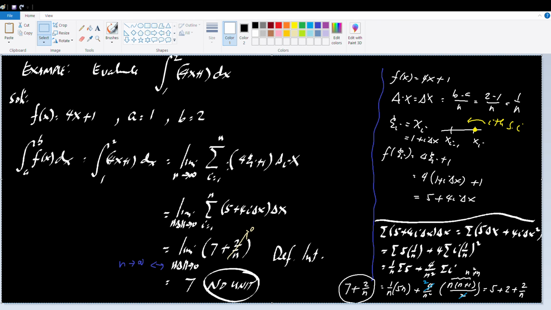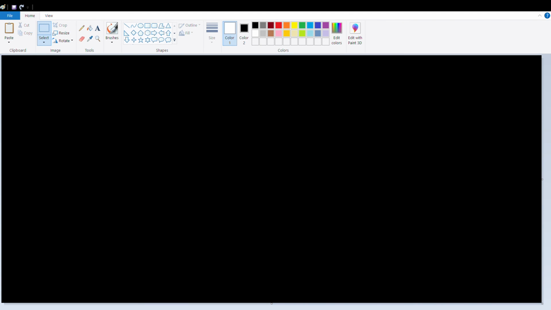So in here, what set of points c sub i did we use? We used the right endpoint. No? You can try by using the left endpoint, by using x sub i minus 1. So you can solve the following exercises.